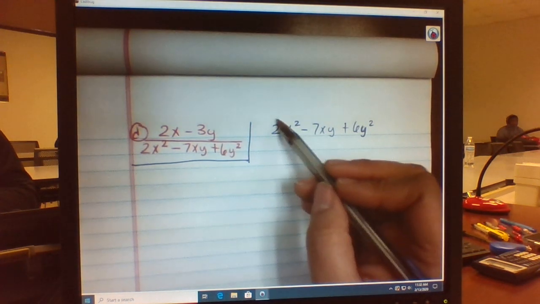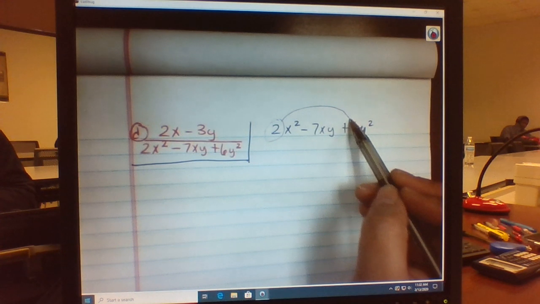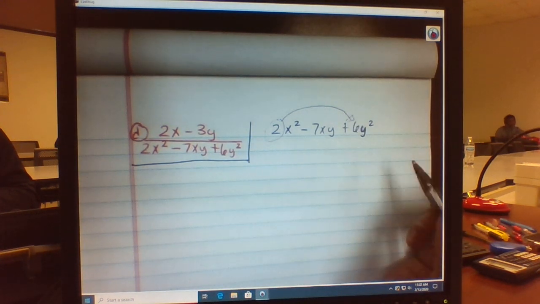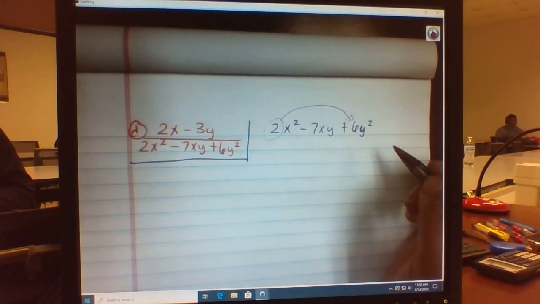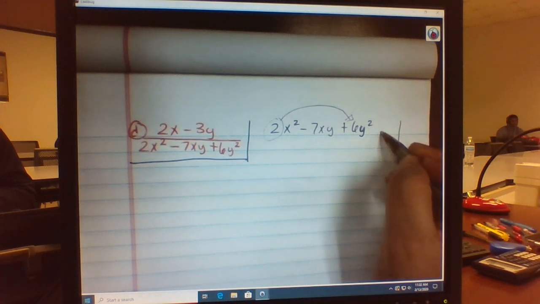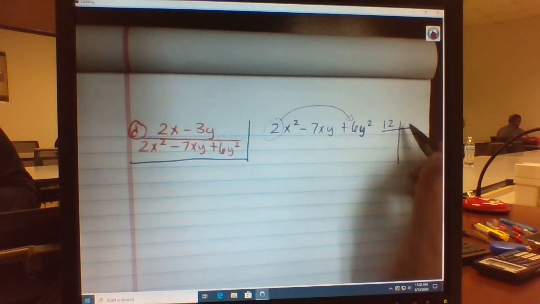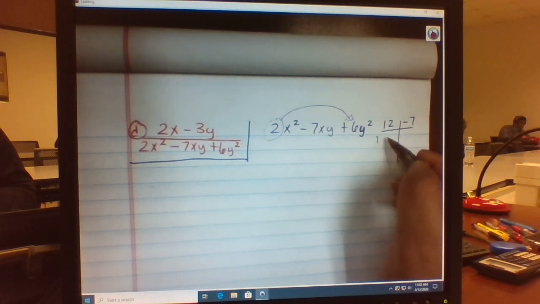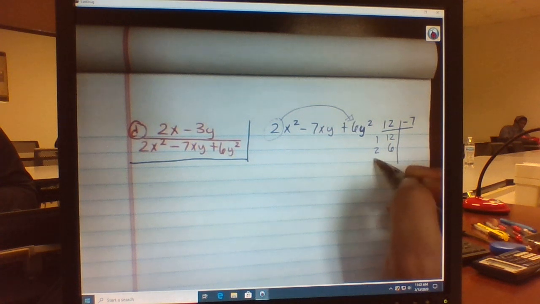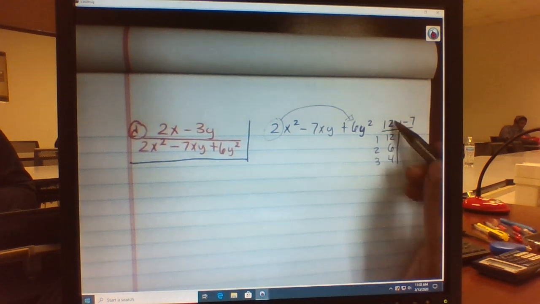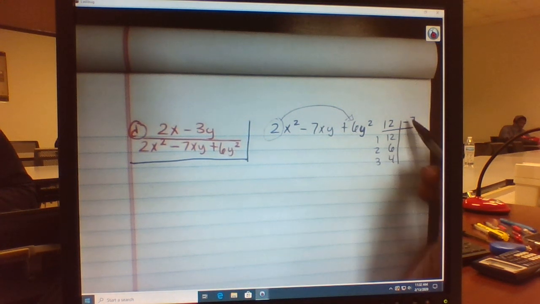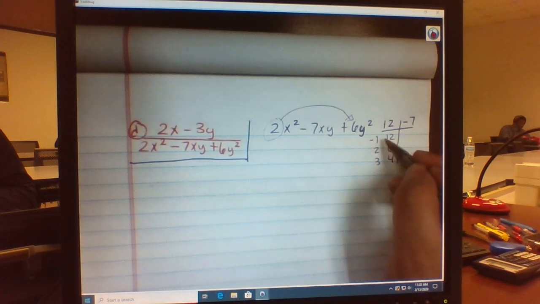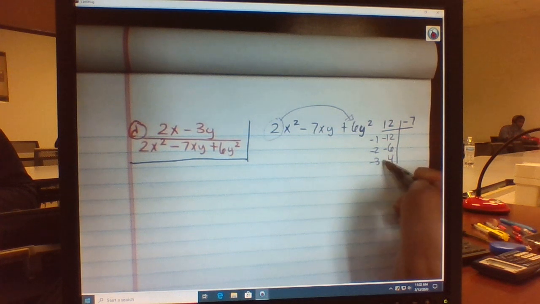So this is a problem where I have to multiply. My new last number is going to be 12, and my middle number is 7. So 1 and 12, 2 and 6, and 3 and 4. It's a positive 12, so they're both going to be the same sign. This is a negative 7, so that means both need to be negatives.